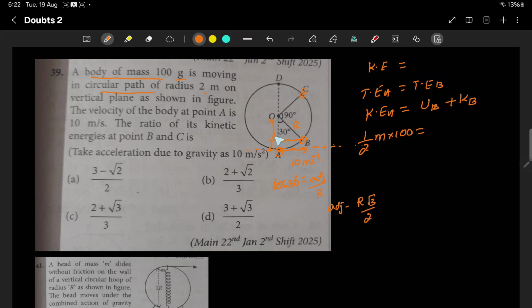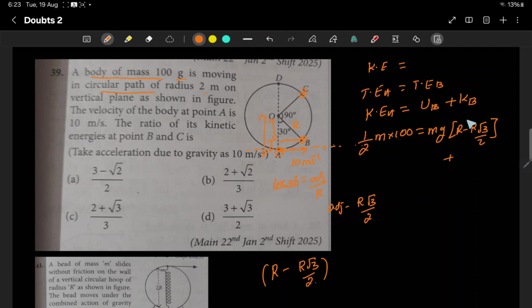But this distance is root 3 by 2 r. Total distance I know, which is r. Then what will be this distance? That will be r minus r root 3 by 2. So this is the height here. So mgh is mg times r minus r root 3 by 2.